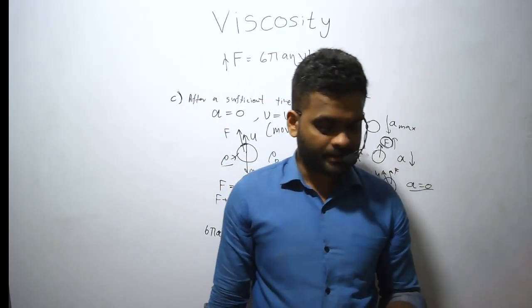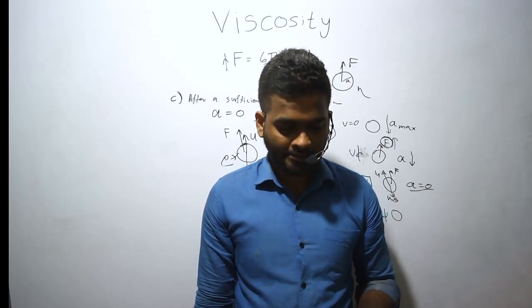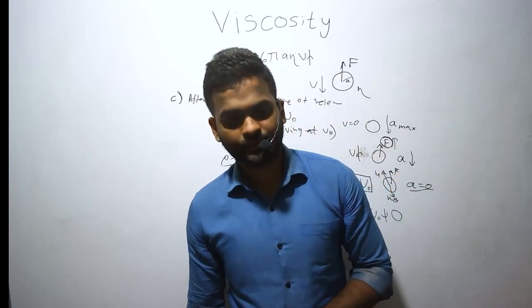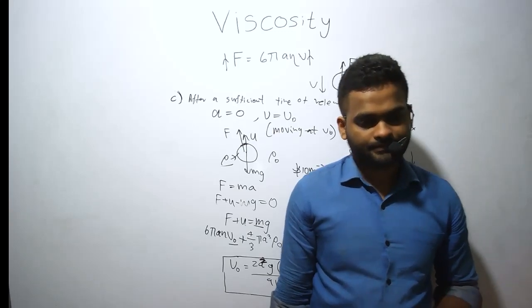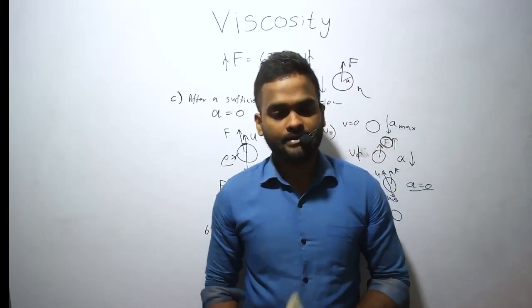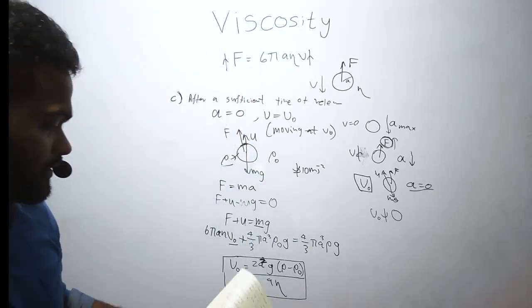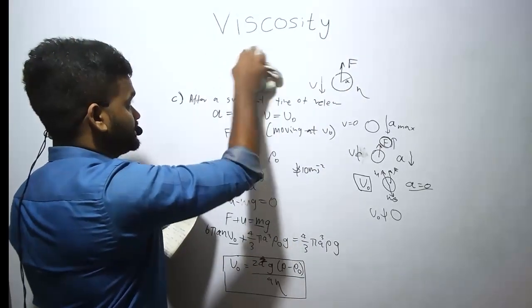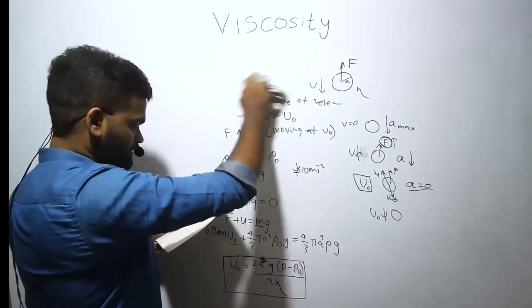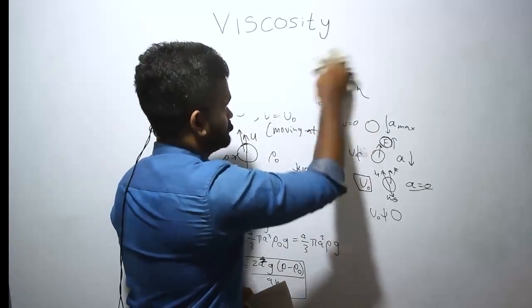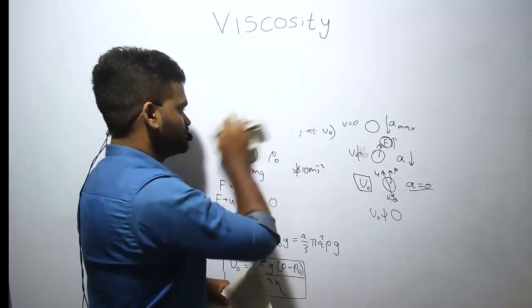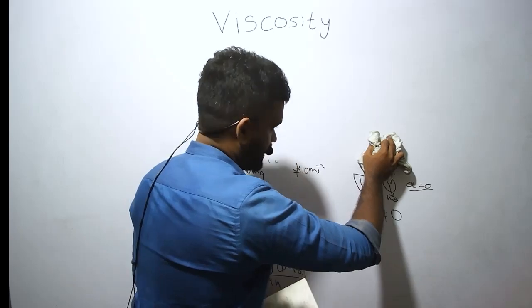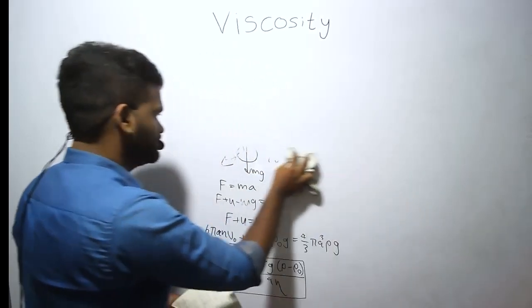Write down: when radius of sphere is larger, terminal velocity is larger, or higher, whatever.